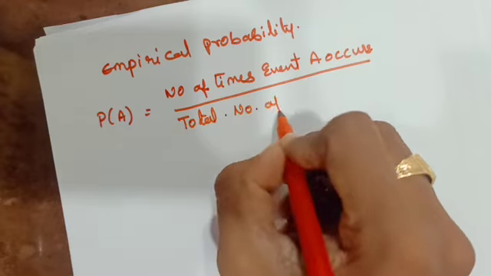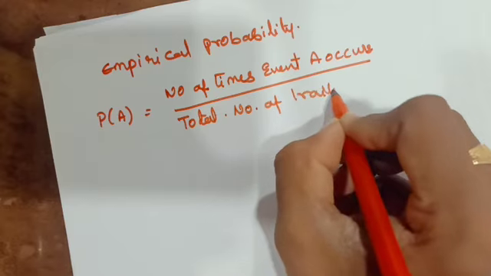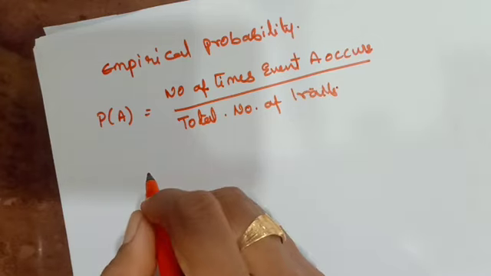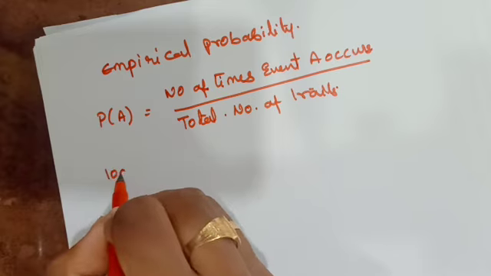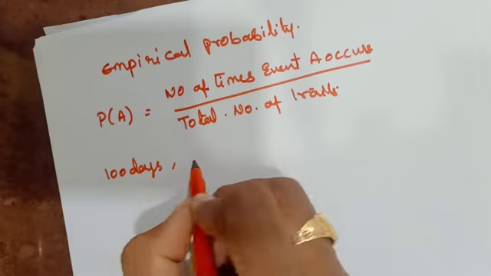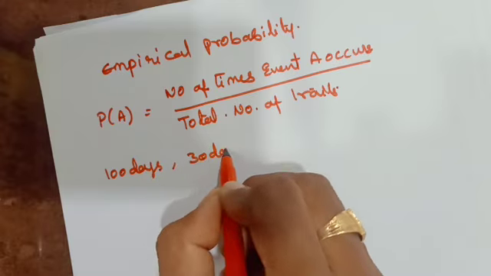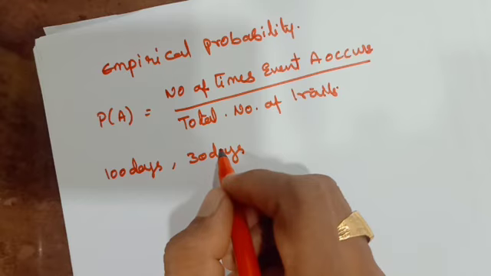Say for example, a manager is observing that in the last 100 days, 30 days had customer complaints.